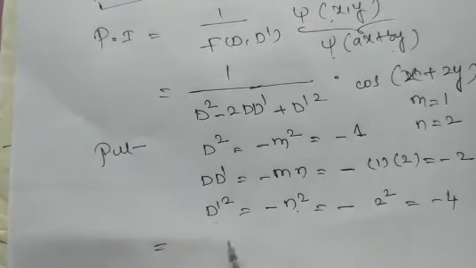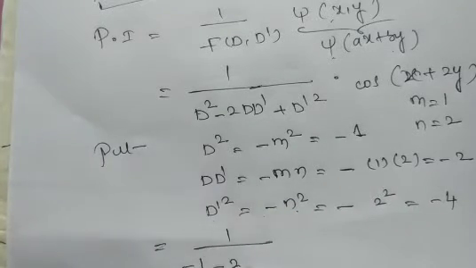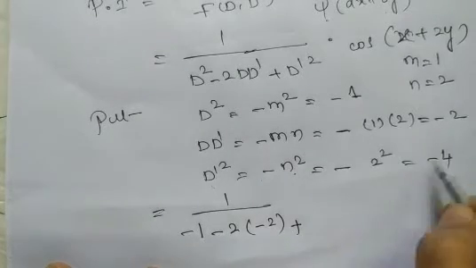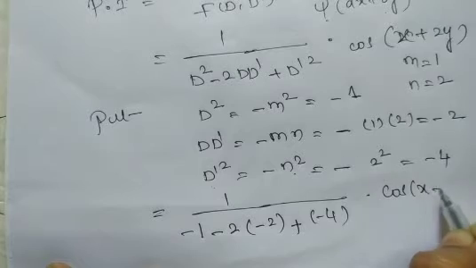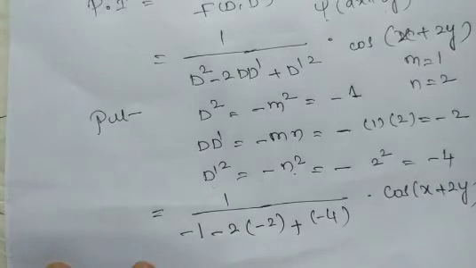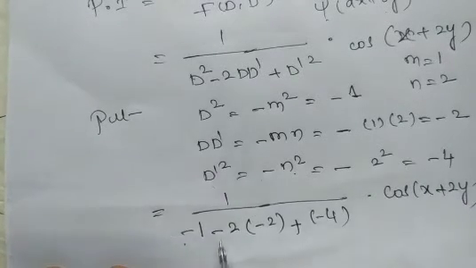Substituting these values, D square gives minus 1, minus 2 for DD dash, plus D dash square gives minus 4, into cos of (x plus 2y). So minus 1 minus into minus plus, so minus 1 plus 4 minus 4.